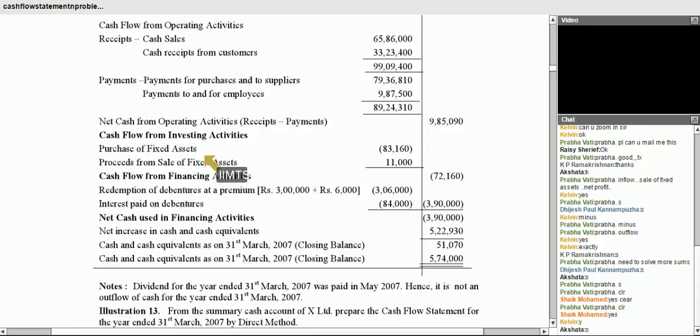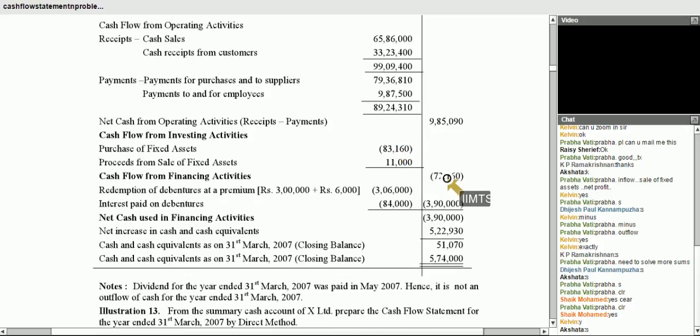Now next is cash flow from investing activities. Whenever we talk of investment, we talk about assets. We have purchased fixed assets of 83,160 rupees, and proceeds from sale of fixed assets is 11,000. So we will subtract.